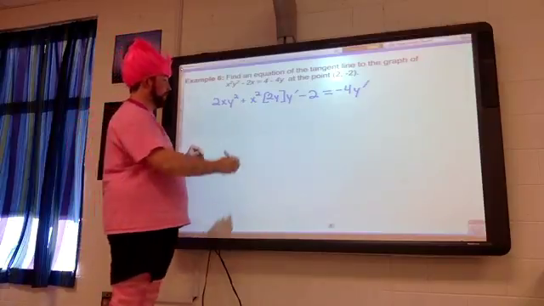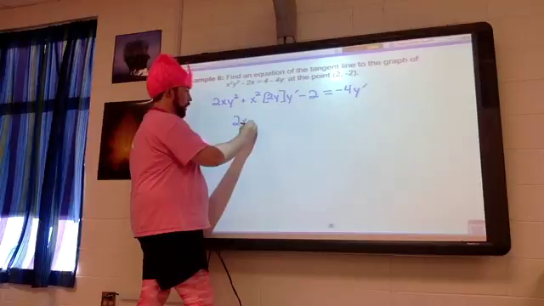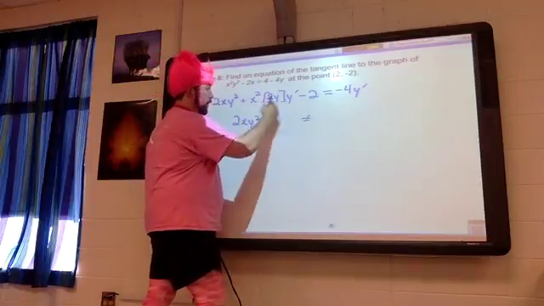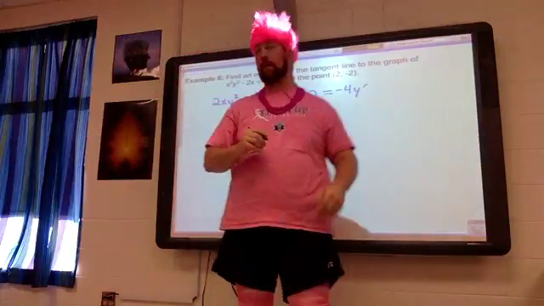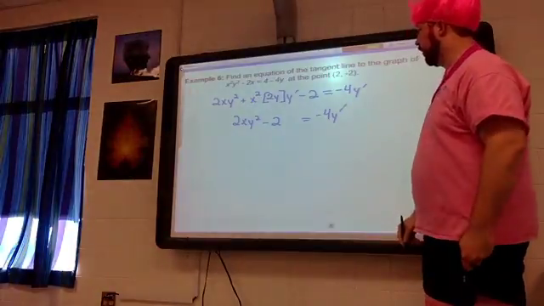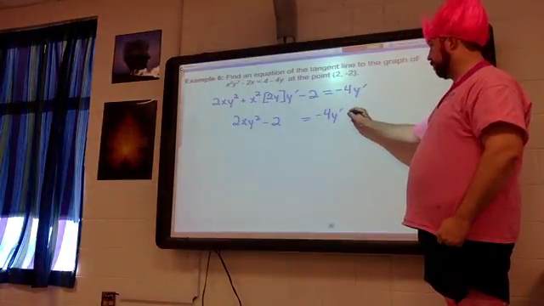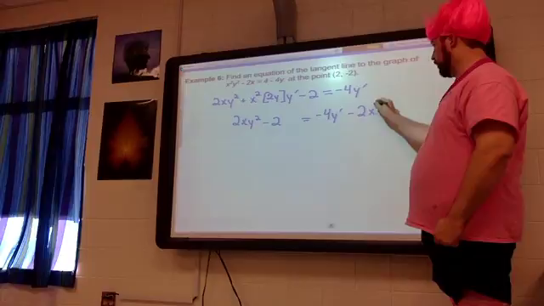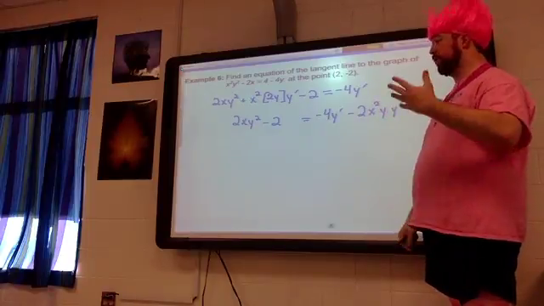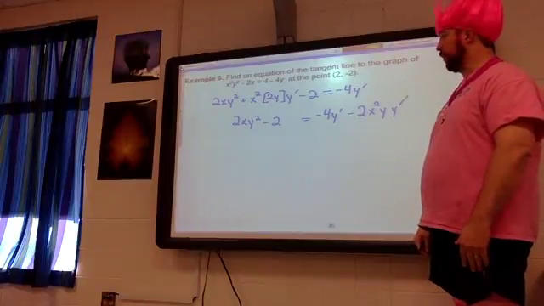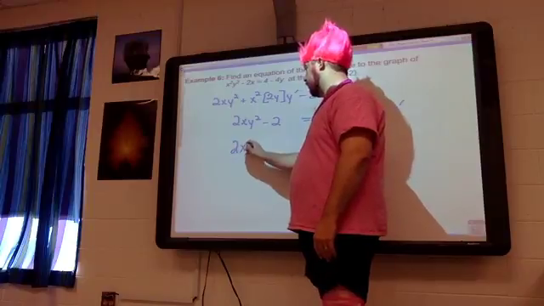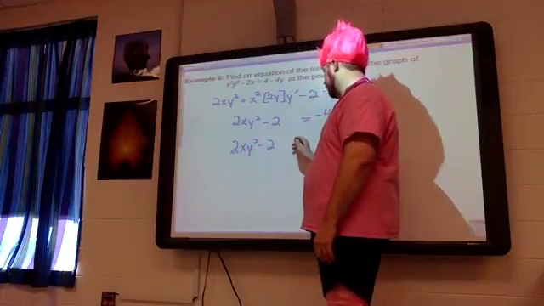So my left-hand side, I've got 2x y squared minus 2. If I bring this whole term to the right-hand side, I've got a minus 4y prime, which was there, and that turns into a minus 2x squared y prime. Okay, just put the 2 out in front to make it pretty. All right, leave the left side alone, 2xy squared minus 2.